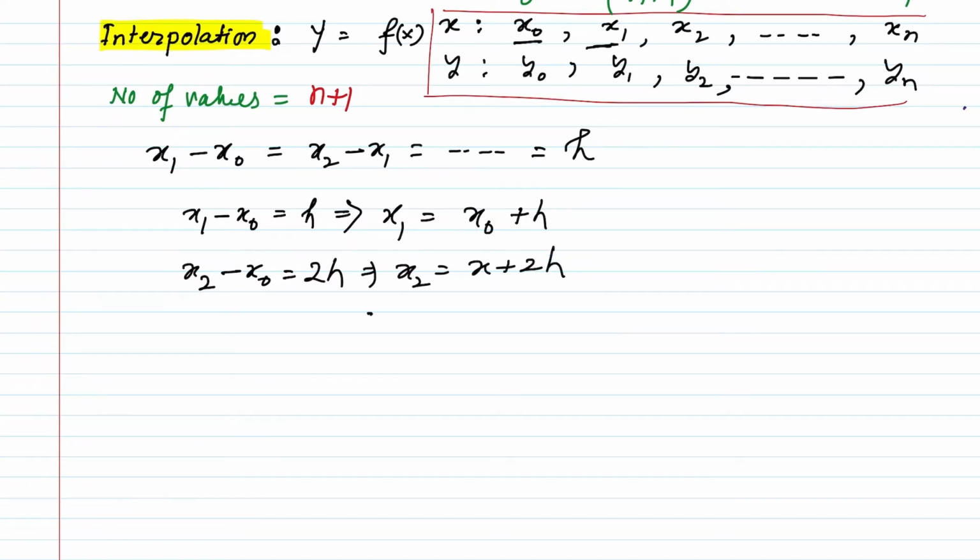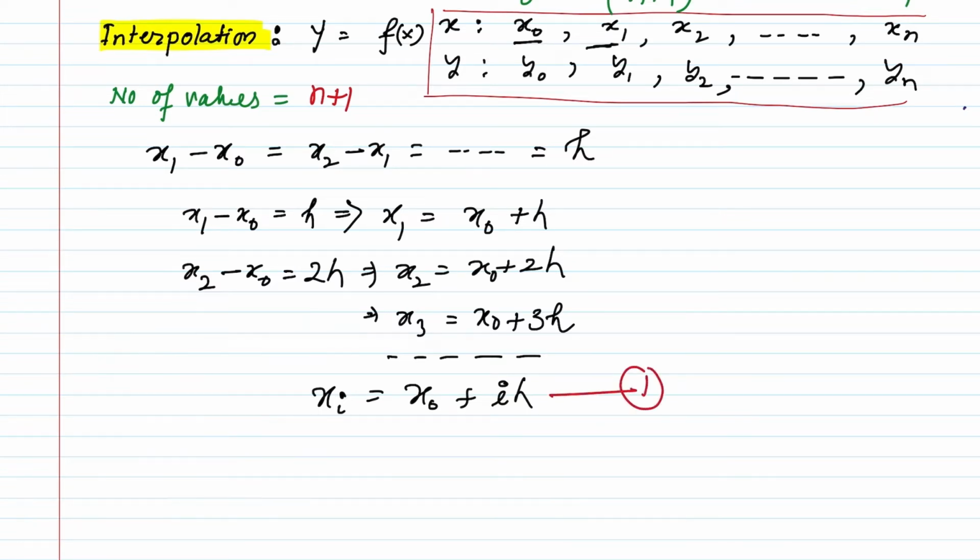And for the third term, x3 is going to be x naught plus 3h, and so on. Therefore any term xi will be given by x naught plus i into h, and this is, suppose, equation number 1.